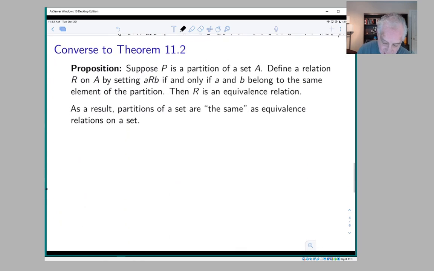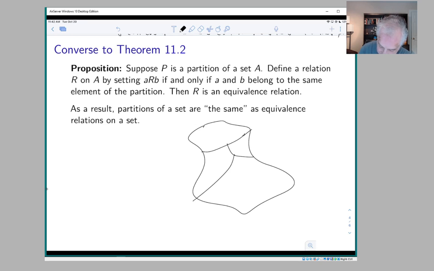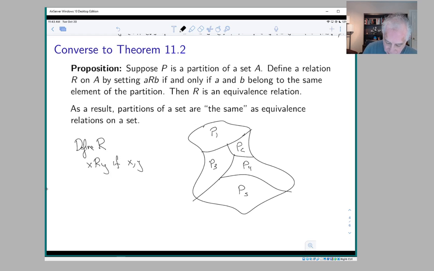And as I mentioned, the converse to this is also true. Namely, suppose you have a partition. So here's your set A, and it's divided up into these sets corresponding to the partition, P1, P2, P3, P4, and P5. And now you can define a relation by saying x is related to y if x and y belong to the same element of the partition, the same subset.